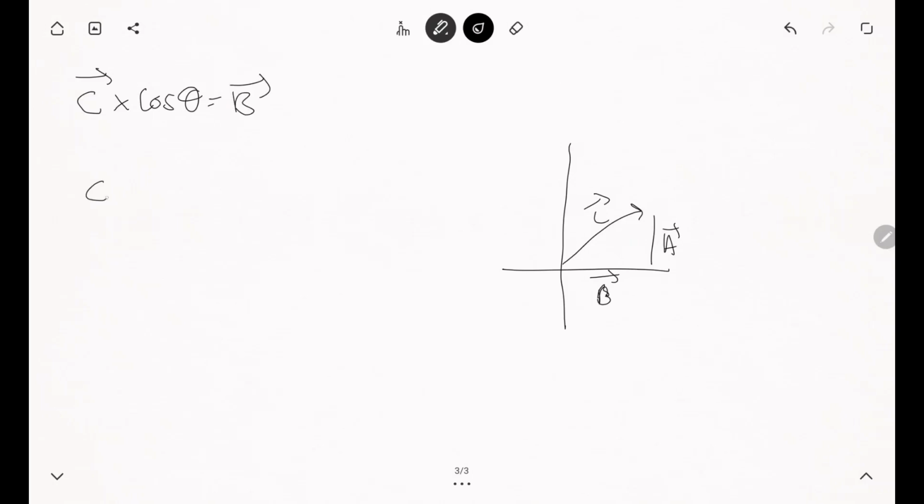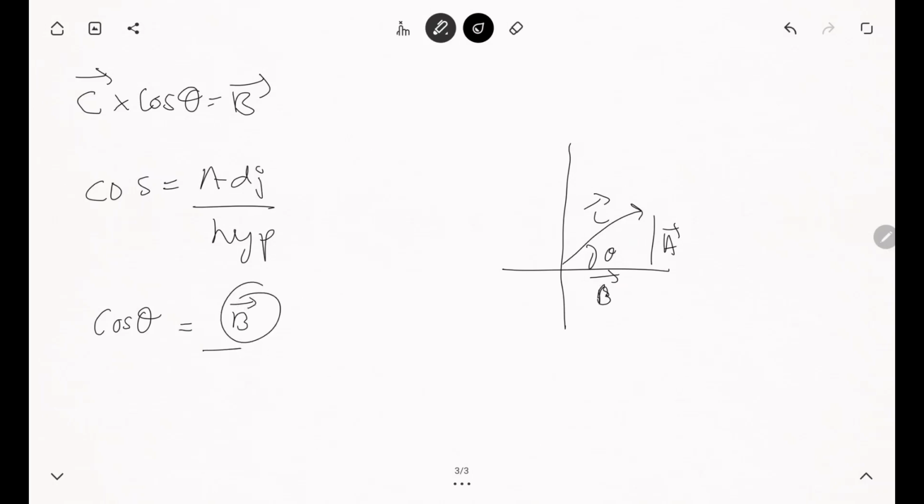Well, cos is basically adjacent by hypotenuse. So again, this is theta here. So cos of theta is basically adjacent, that is b vector, which we don't know, divided by c vector, which we already know. So c vector times cos theta will give us b vector.